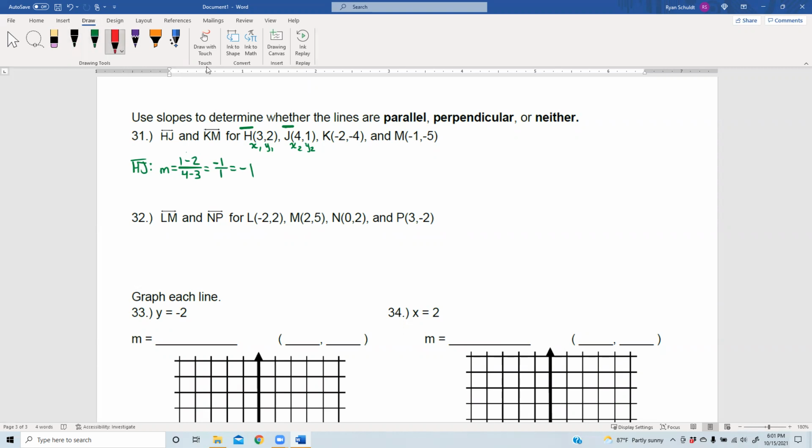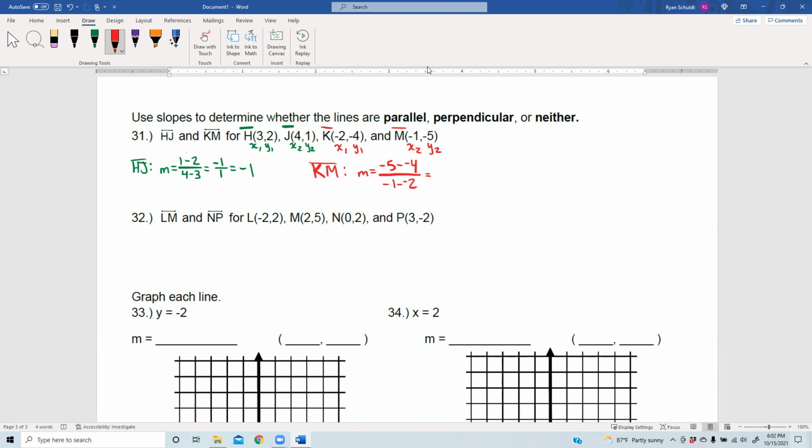Then I need the slope for KM. So label our points, x1, y1, x2, y2. And get that slope. So negative 5 minus negative 4 over negative 1 minus negative 2.